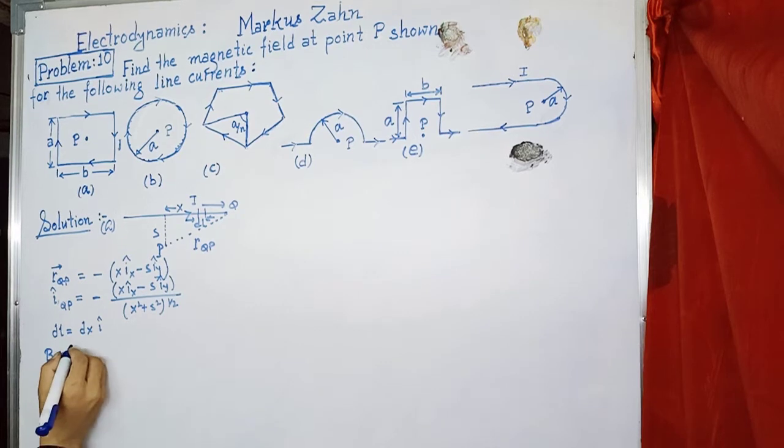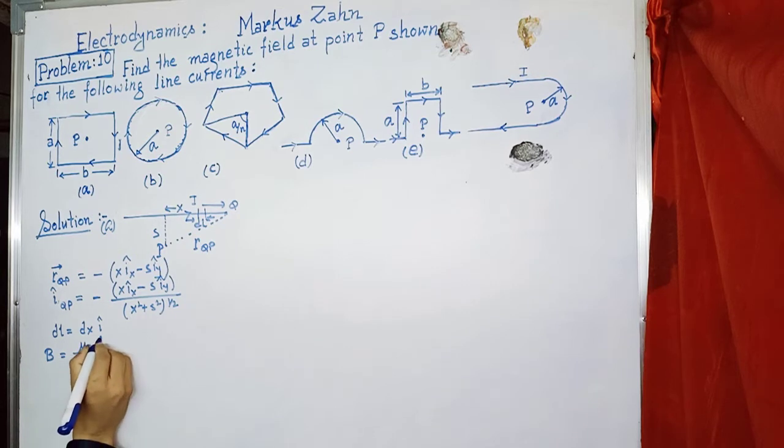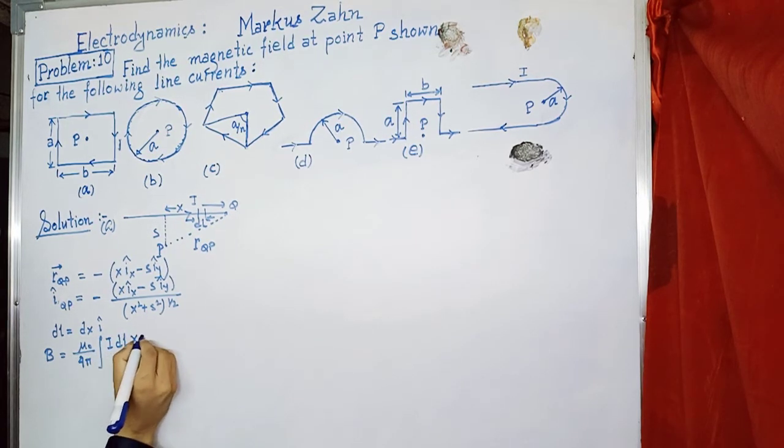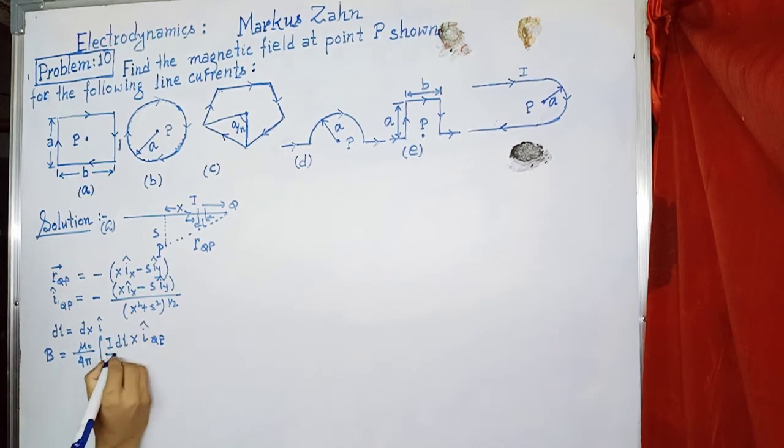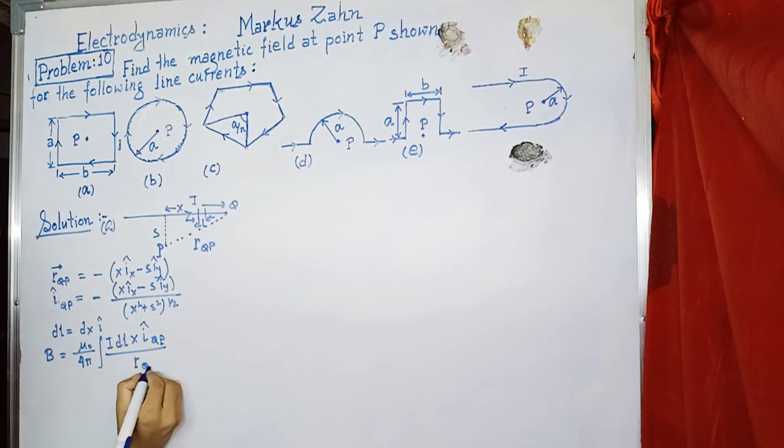B is equal to mu naught divided by 4 pi integral of I dl cross IQP cap divided by RQP square.